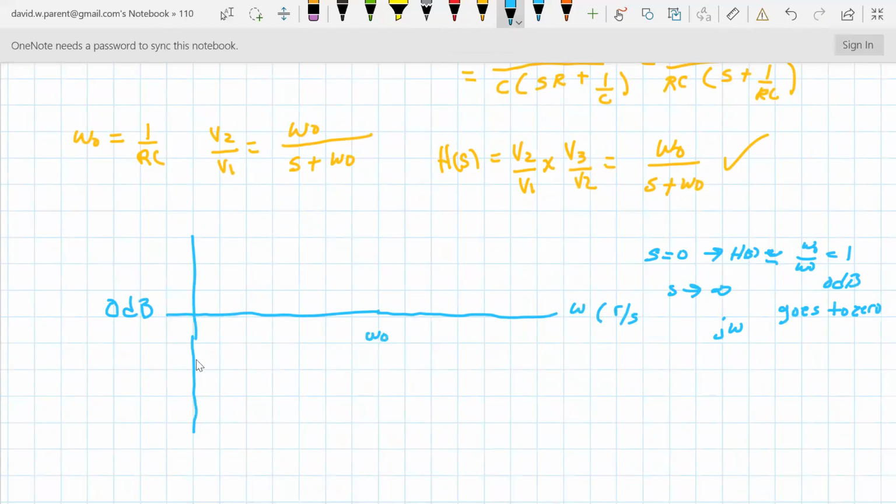And then there's going to be some omega naught, and it's a first order, so the slopes are going to be in steps of 20, right? So for the asymptotic magnitude plot, I come up to omega naught, omega naught times 10, omega naught times 100.